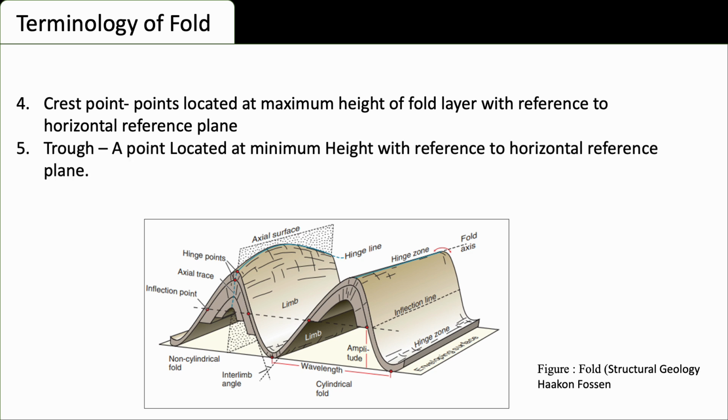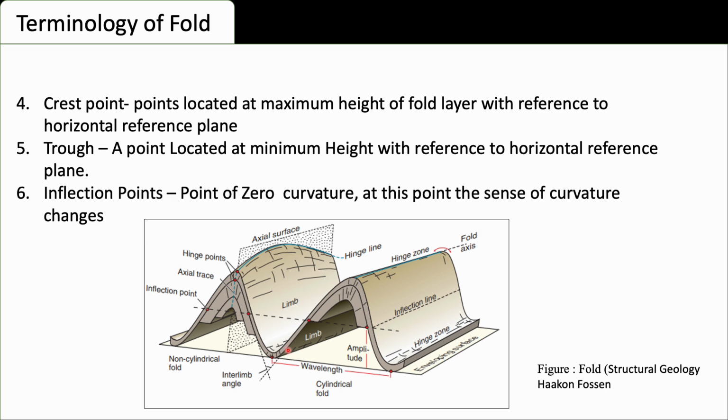Next we have a trough point, a point located at a minimum height with reference to the horizontal reference plane. Next we have an inflection point, a point of zero curvature. At this point the sense of curvature changes. From here the curvature of the fold will change.